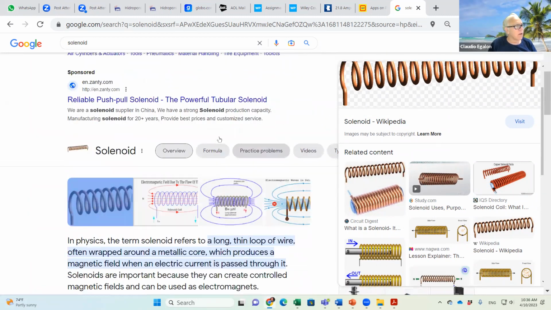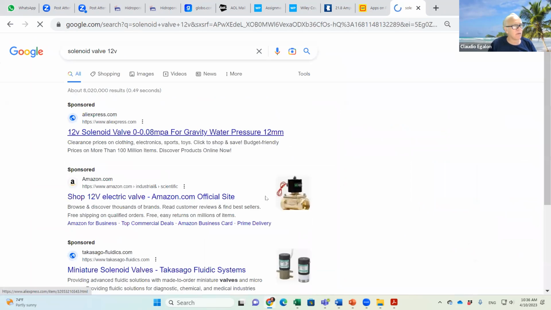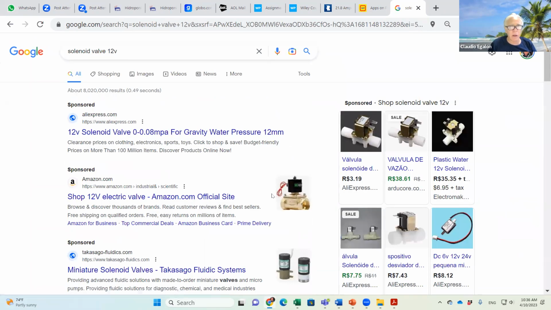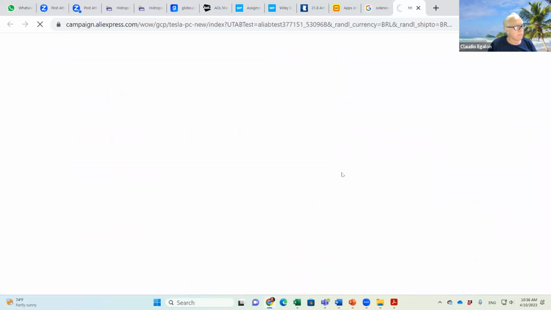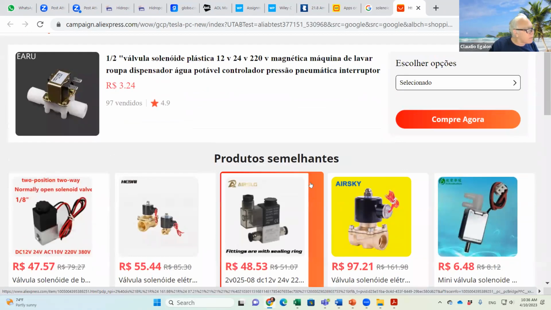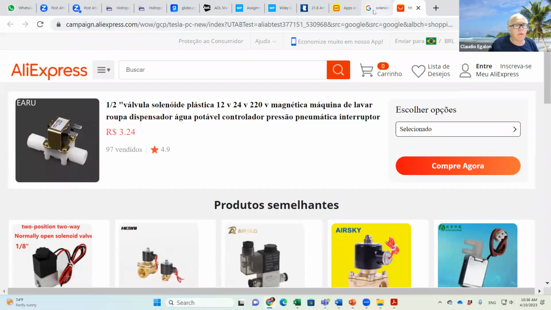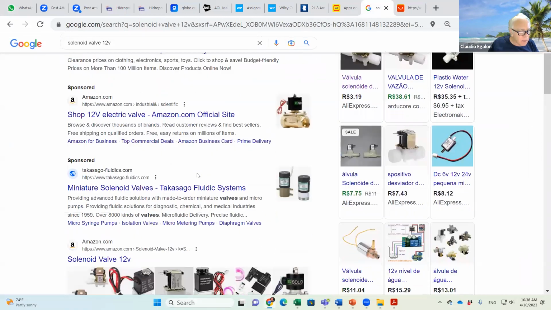Let's take a look at the solenoid valve. Solenoid valve, 12 volts. There is a solenoid valve, 24 volts as well. Here you go. Let's see, the solenoid valve, in this case, I don't like those illustrations. We should have a better one.